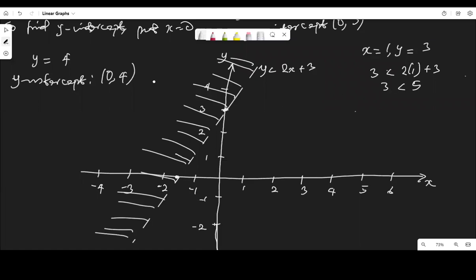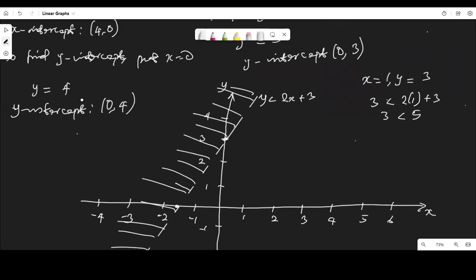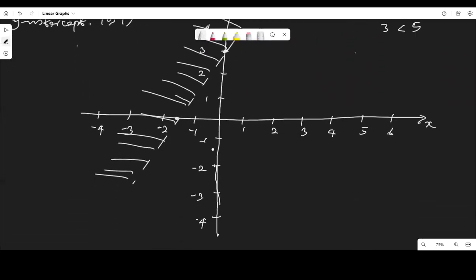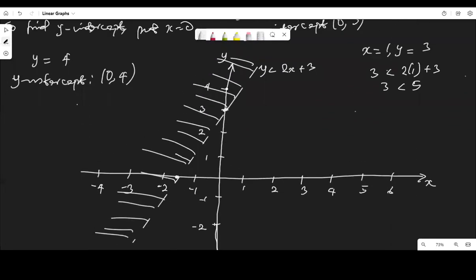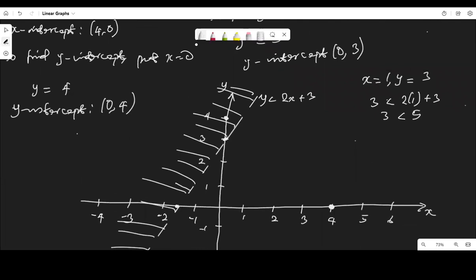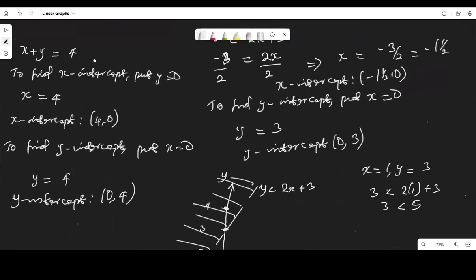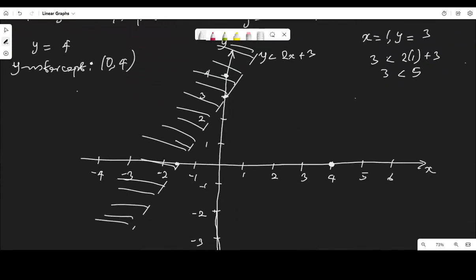The second inequality, what are the intercepts? The x-intercept is 4. The y-intercept is also 4. So 4, 4. This is 4 right here. And this is 4 right here. So we're going to use a ruler to join these 2 points together. However, this one is going to be a bold line since the inequality is x plus y is greater than or equal to 4. It's a weak inequality. It's not a strict inequality.